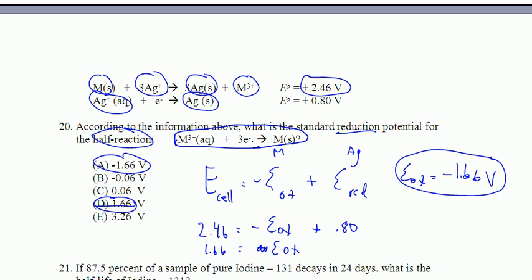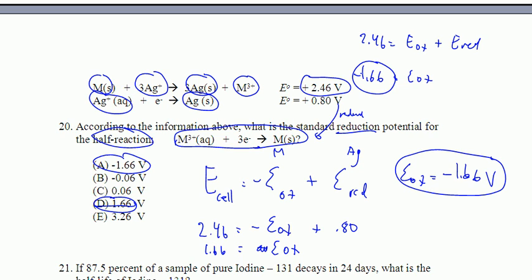Another way of looking at it is you could have just done 2.46 is equal to E ox plus E reduced. Then you get 1.66 is equal to E ox. There it is. But they're actually asking you for E reduced. This is reduced. So you plop the negative on there, negative 1.66.